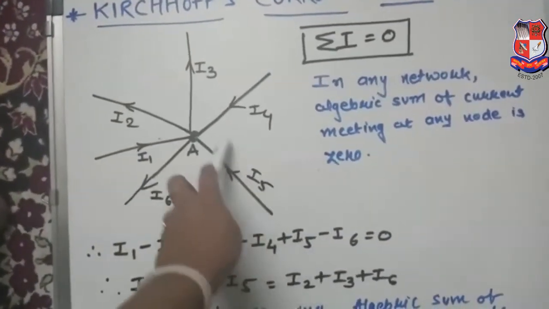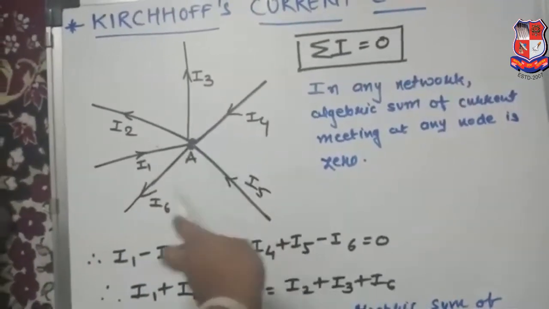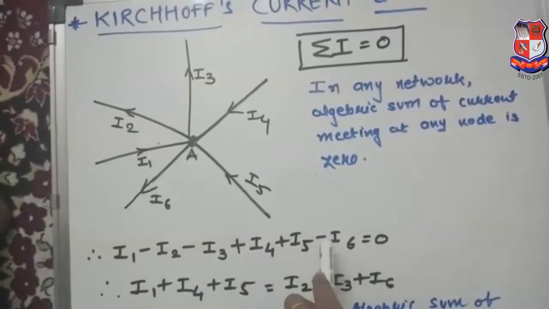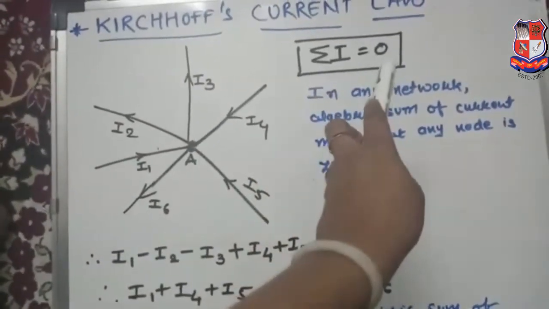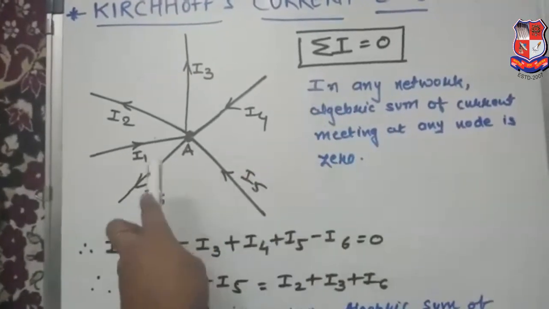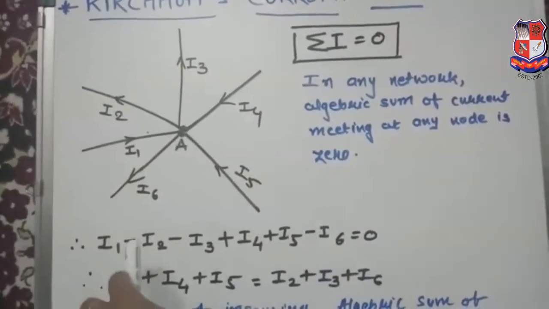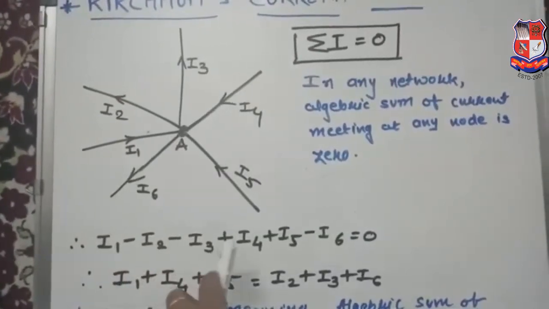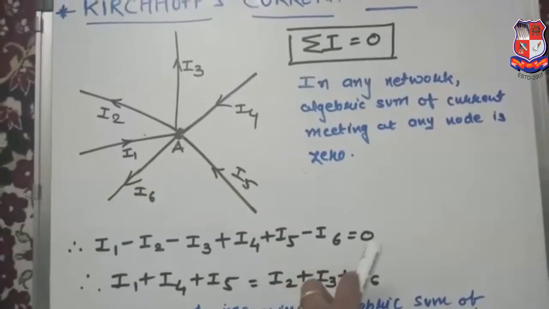Same way I5 is also incoming, so positive, and I6 is outgoing, so negative. So our final equation, sigma I equal to 0, means the algebraic sum of current meeting at node A should be 0. So I1 minus I2 minus I3 plus I4 plus I5 minus I6 is equal to 0.